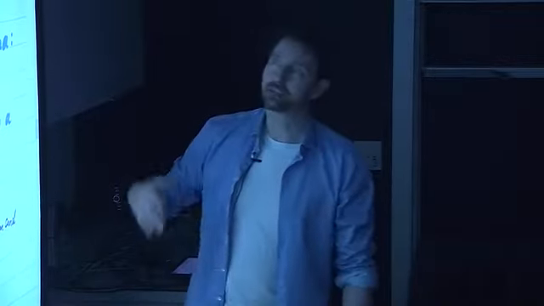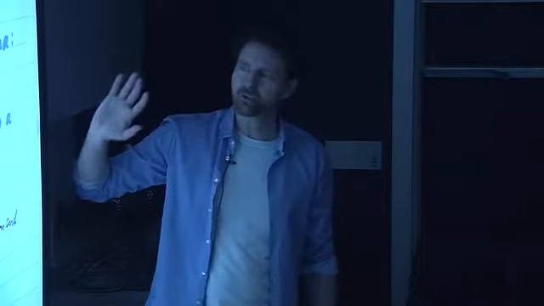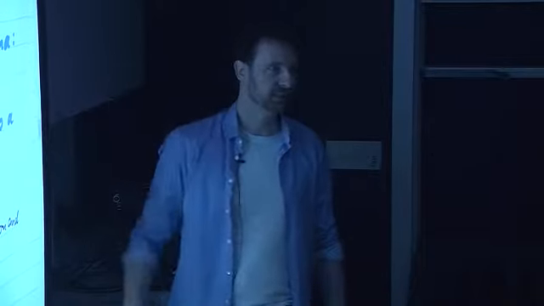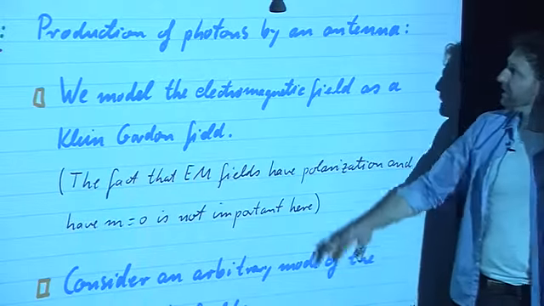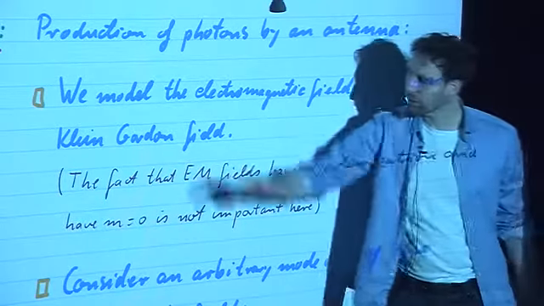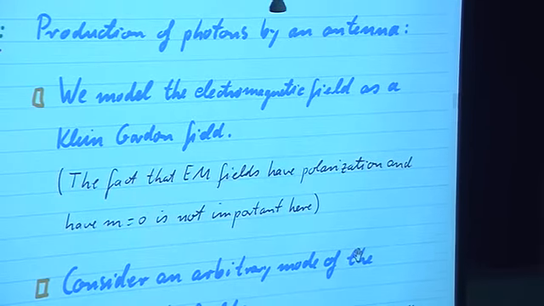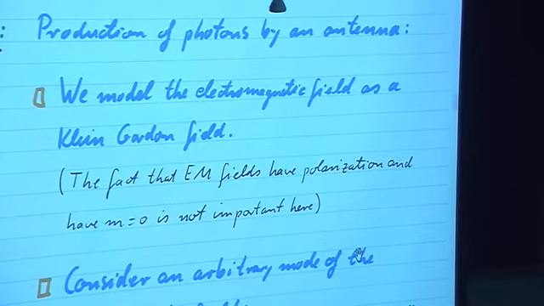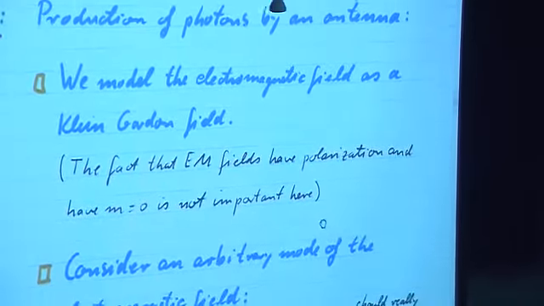The electrons are fermions, and we'd have to worry about spinors, and all those things don't really contribute to the basic understanding of quantum field theory. So let's simplify the picture, and let's describe the electromagnetic field in a simplified way as a Klein-Gordon field. The fact that electromagnetic fields are vector valued and have polarization doesn't really matter at this point.